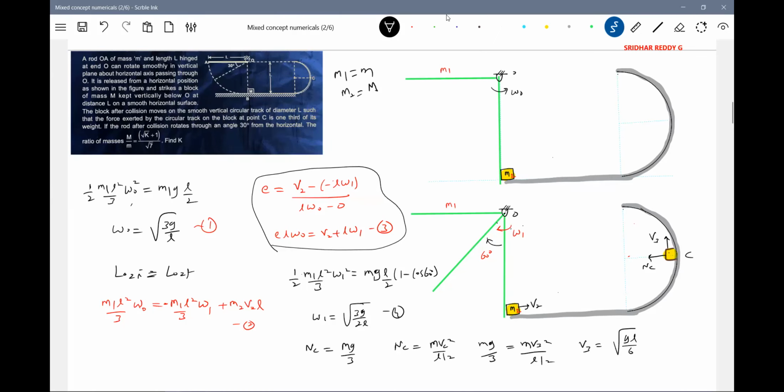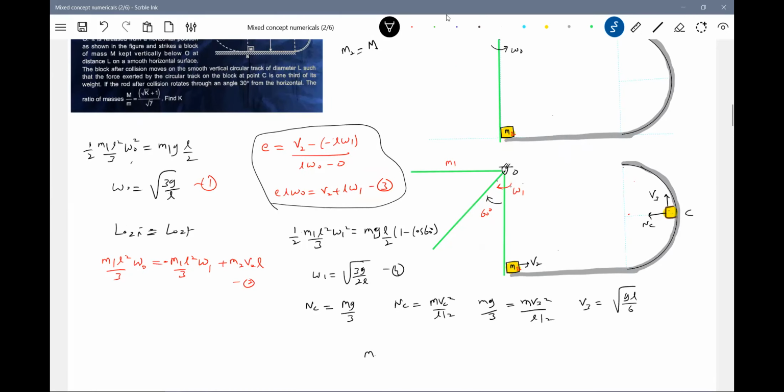Then applying conservation of mechanical energy, half M2 v2 square equals M2 g L by 2 plus half M2 v3 square.